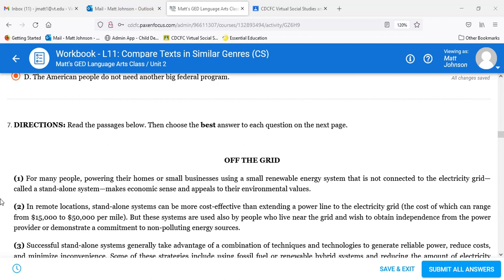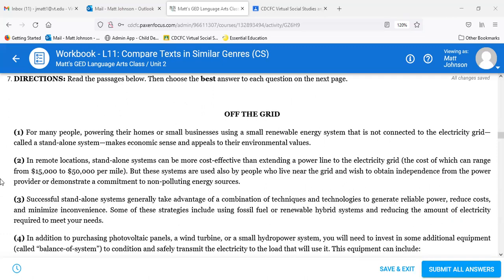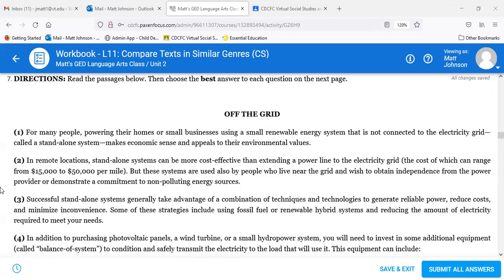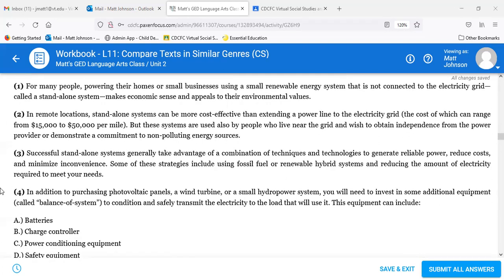But these systems are used also by people who live near the grid and wish to obtain independence from the power provider or demonstrate a commitment to non-polluting energy sources. Successful standalone systems generally take advantage of a combination of techniques and technologies to generate reliable power, reduce cost, and minimize inconvenience. Some of these strategies include using fossil fuel or renewable hybrid systems and reducing the amount of electricity required to meet your needs.